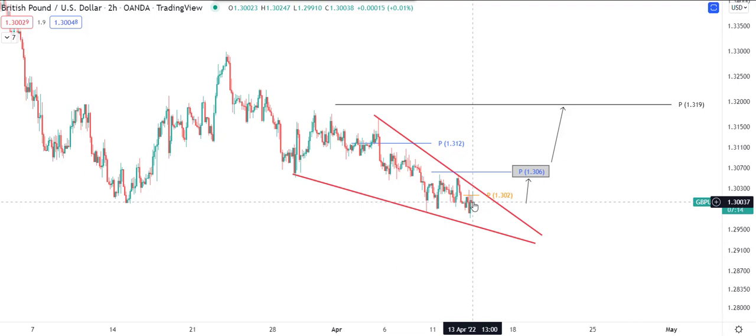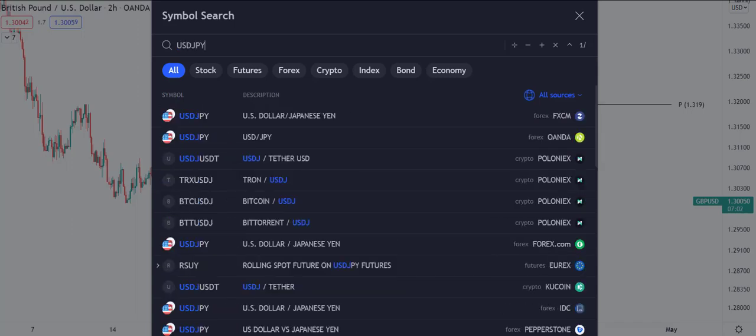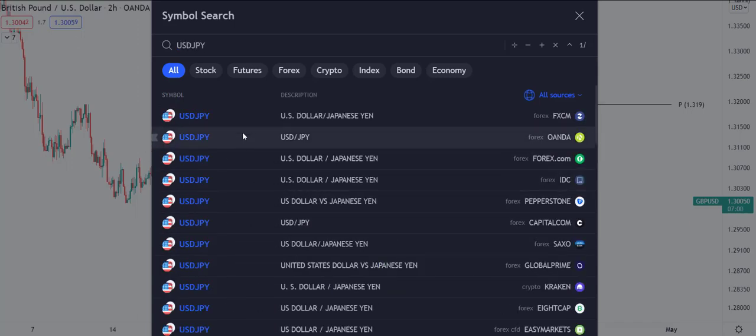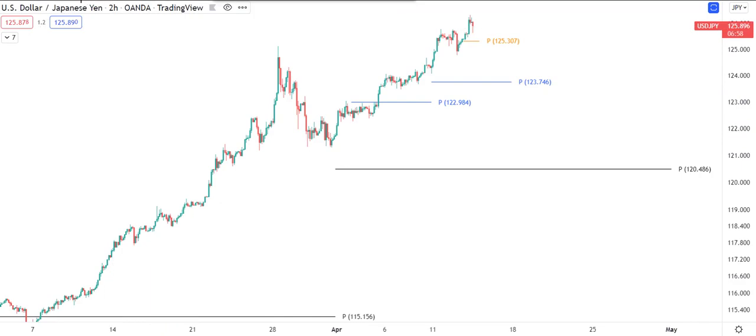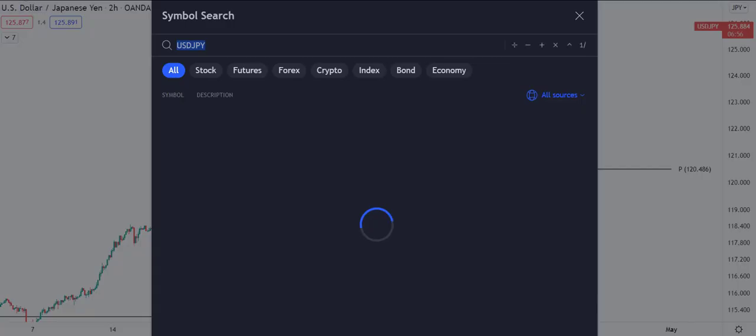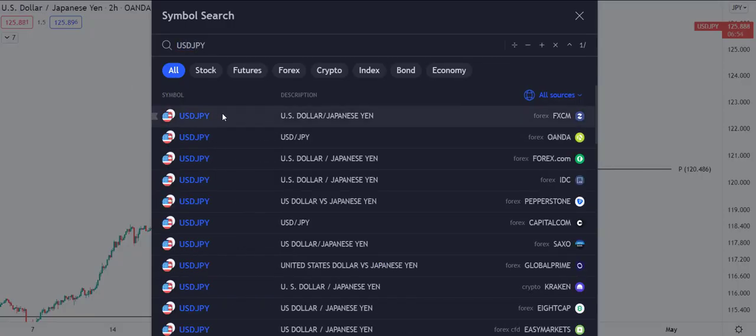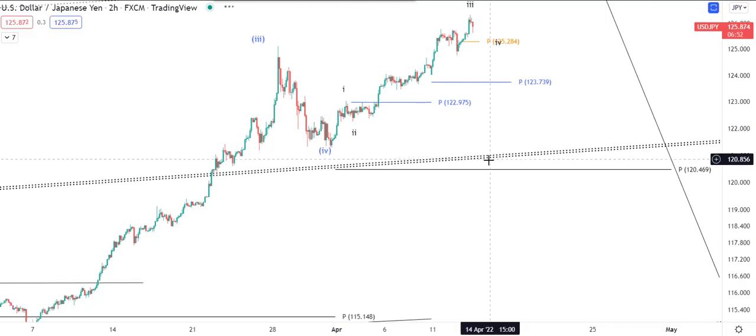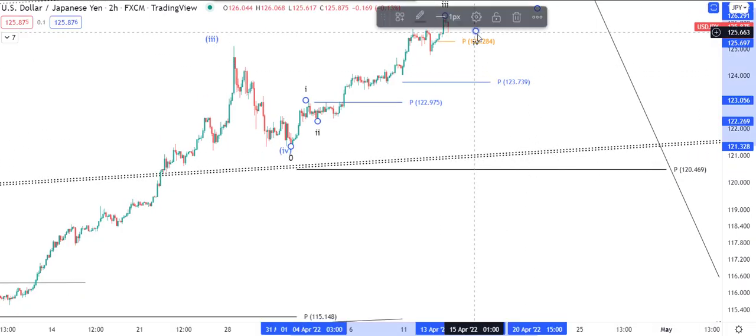Therefore, if you are a short seller, if you are a seller, just remain in the position, but be mindful that anything above 130.60 would open the path for higher prices. And moving on to dollar yen, this was quite a beautiful chart, textbook chart. Let me show you the Elliott wave analysis that we had in here.